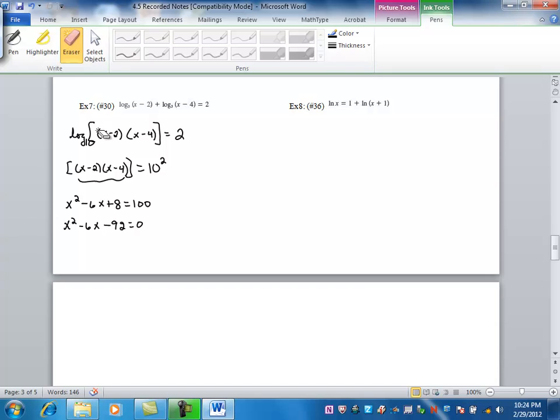We did have a base on the log, didn't we? We did have a base on the log, and that base was 3. And so my apologies here. This is log base 3 of this argument equal to, so 3 squared equals all of this. That equals 9, and so now we get x squared minus 6x minus 1 equals 0.